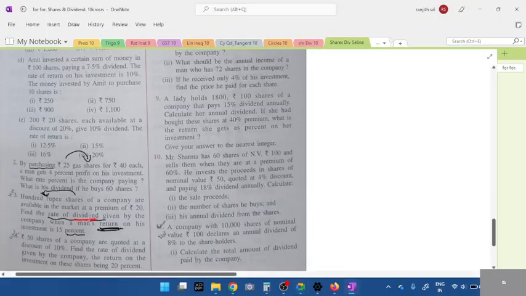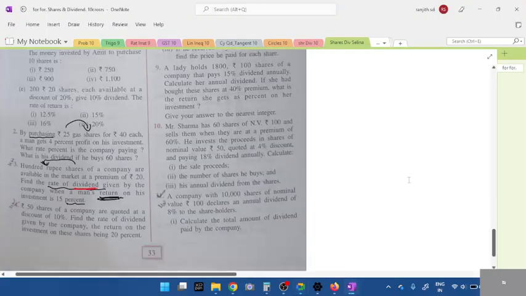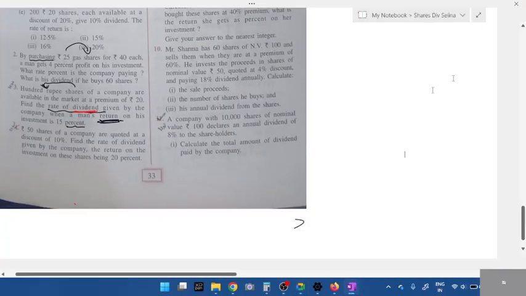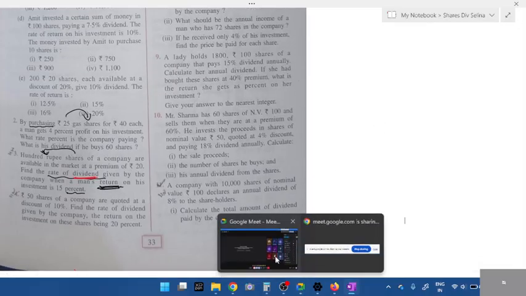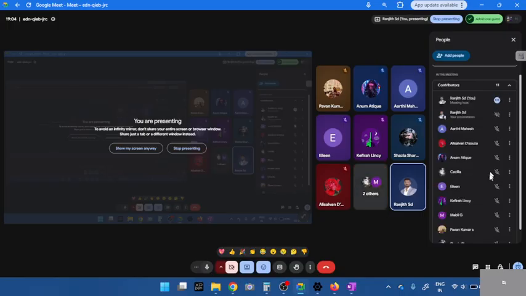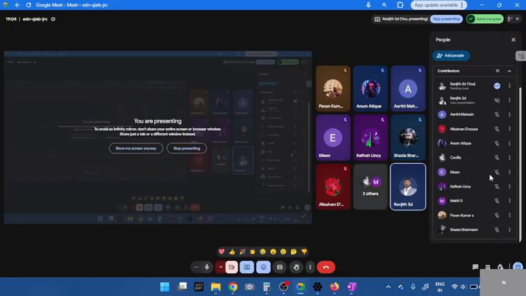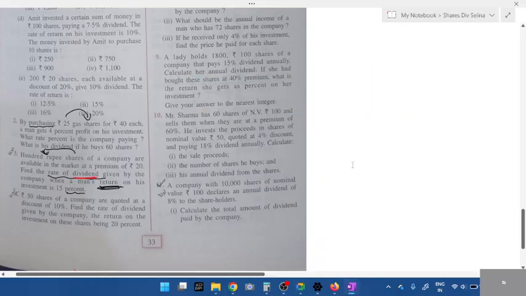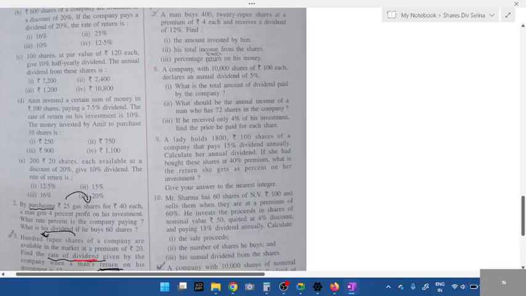Okay, can you see the screen, all of you? Look at the fourth one, students.